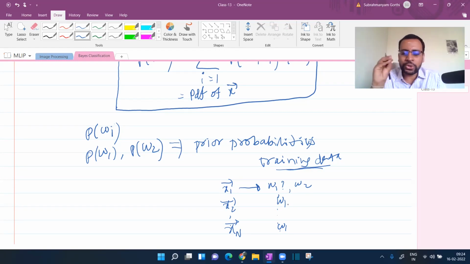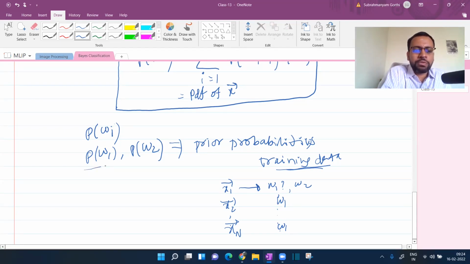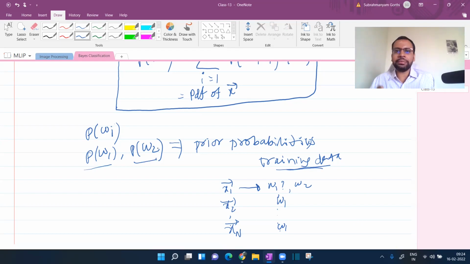Now, assume that I have given you this training data. Can you tell me how you can compute probability of omega 1 and omega 2, assuming that your training data is not biased towards any specific class? By that I mean the proportion of classes that I would expect in the training data versus the real-time data is the same.